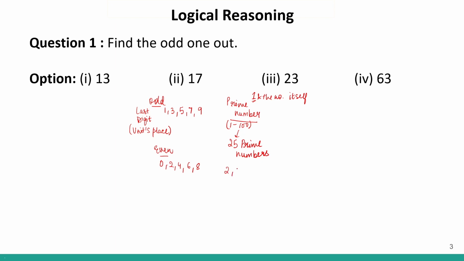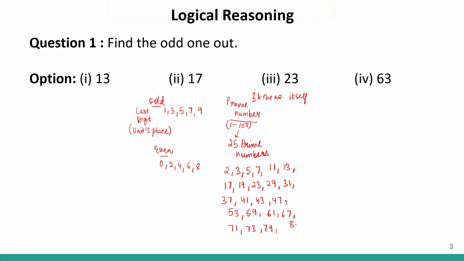What are they? 2, 3, 5, 7, 11, 13, 17, 19, then we have 23, 29, 31, 37, 41, 43, 47, then we have 53, 59, then we have 61, 67, 71, 73, 79, 83, 89 and 97.